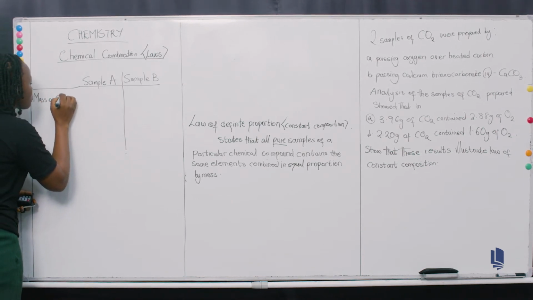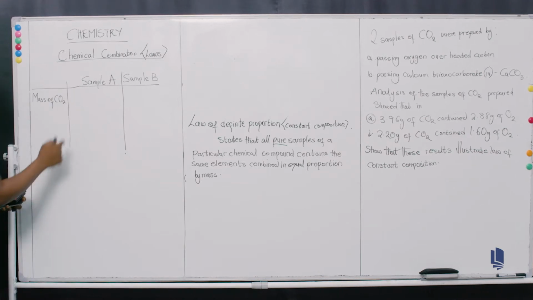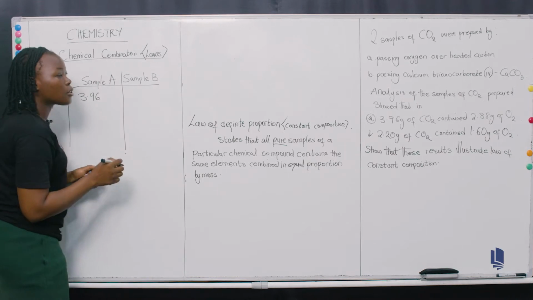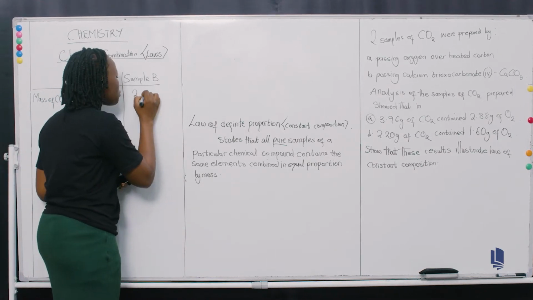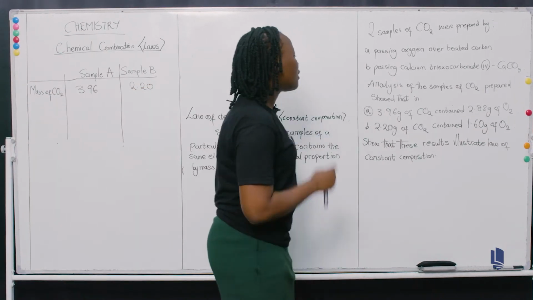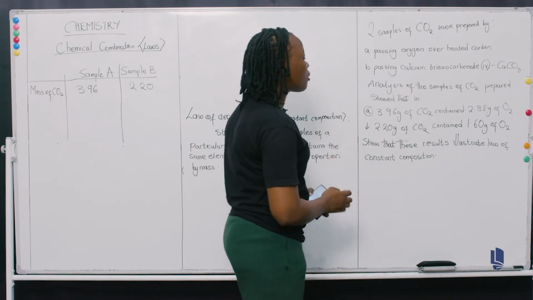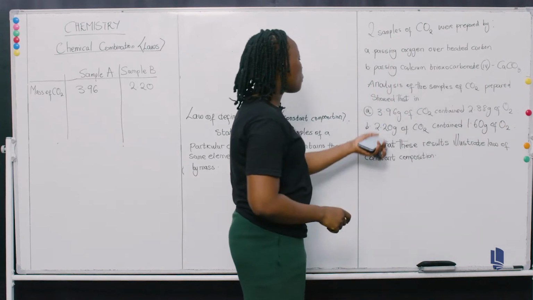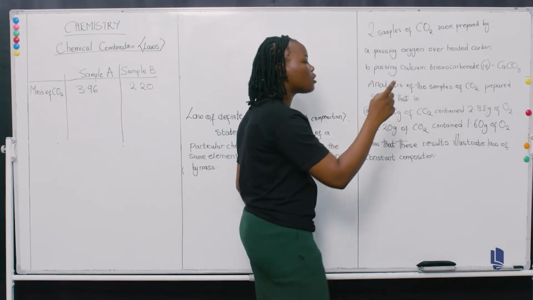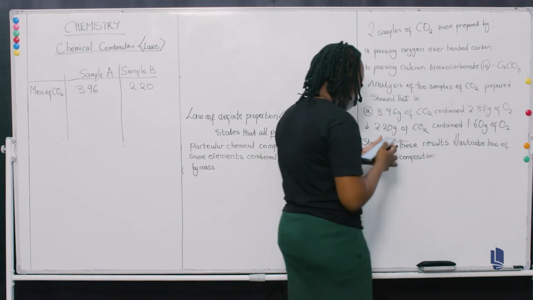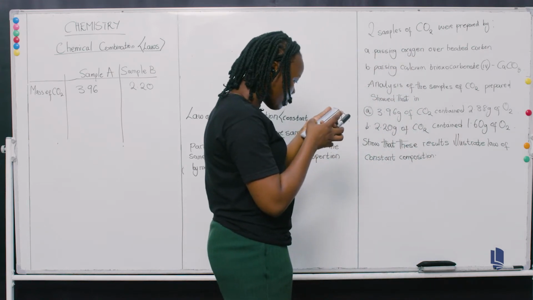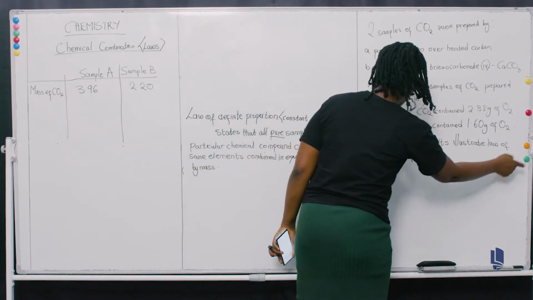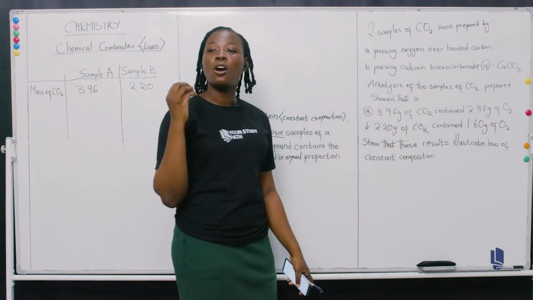Mass of CO2 in sample A is 3.96. For sample B, 2.20. So A, 3.96 gram of CO2 contain 2.88 gram of O2. B, 2.20 gram of CO2 contained 1.60 gram of O2. I was checking to confirm those figures. Yes. Okay, so show that these results illustrate law of constant composition.